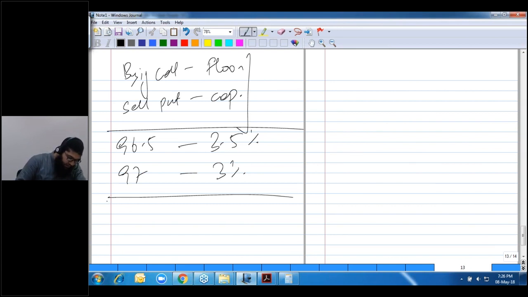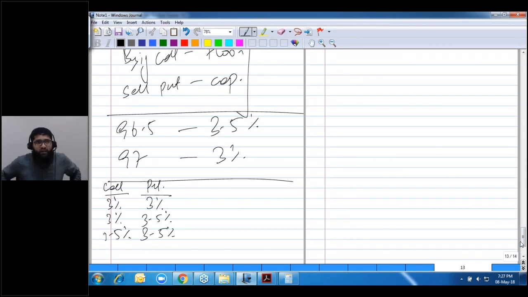We can have a call and a put at 3% and 3%, at 3% and 3.5%, and we can have both at 3.5% and 3.5%.